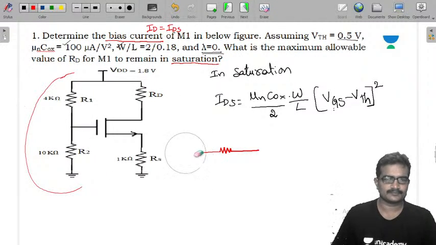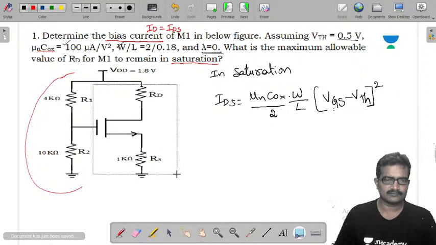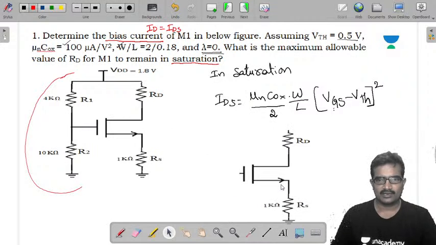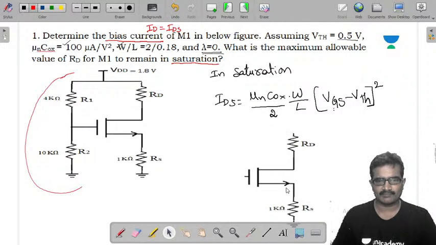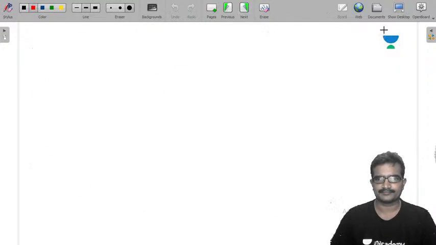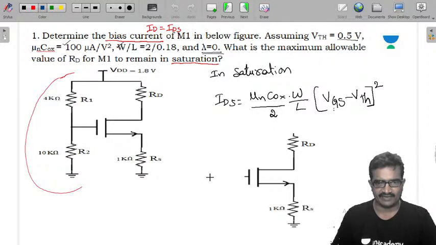Now, the input side, I am going to replace this one by the equivalent Thevenin.